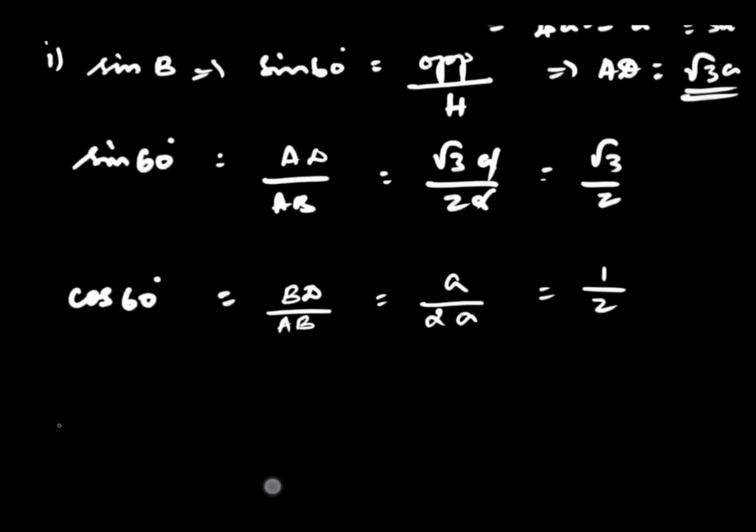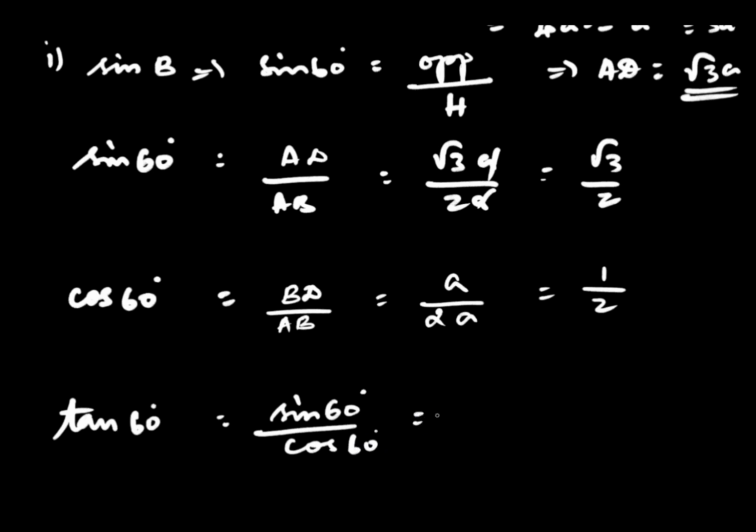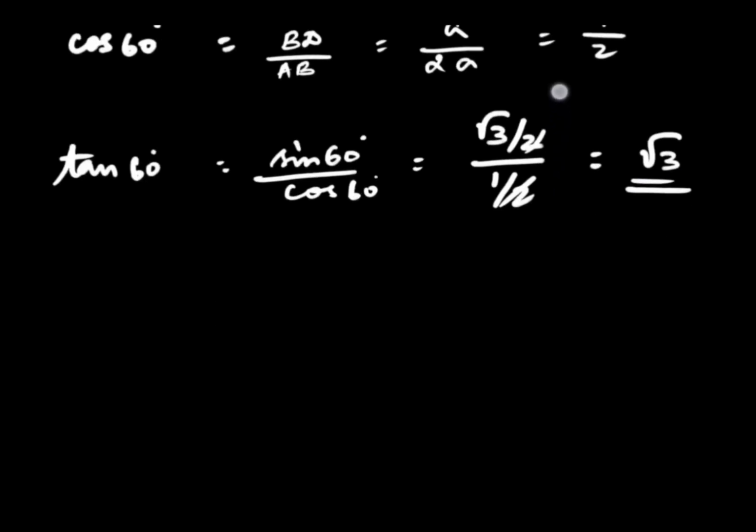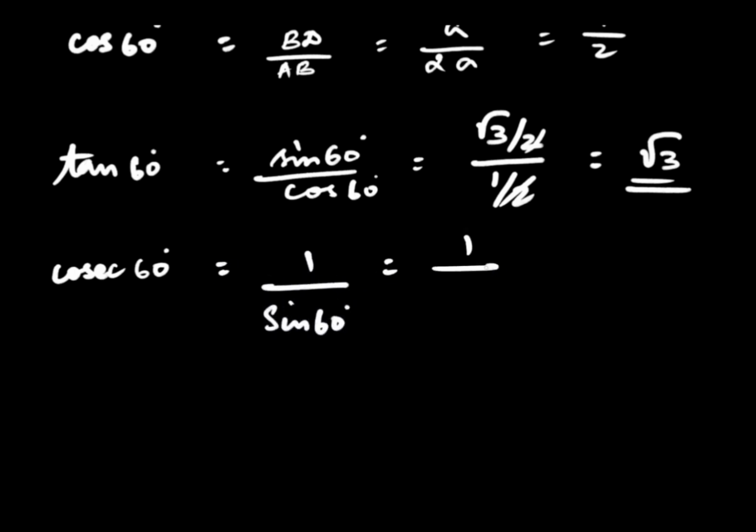Tan 60 can be written as sin 60 by cos 60, which is equal to root 3 by 2 divided by 1 by 2. Cancelling 2's, we get root 3. Cosecant 60 is the inverse of sin 60, which is equal to 1 by root 3 by 2, which gives 2 by root 3.